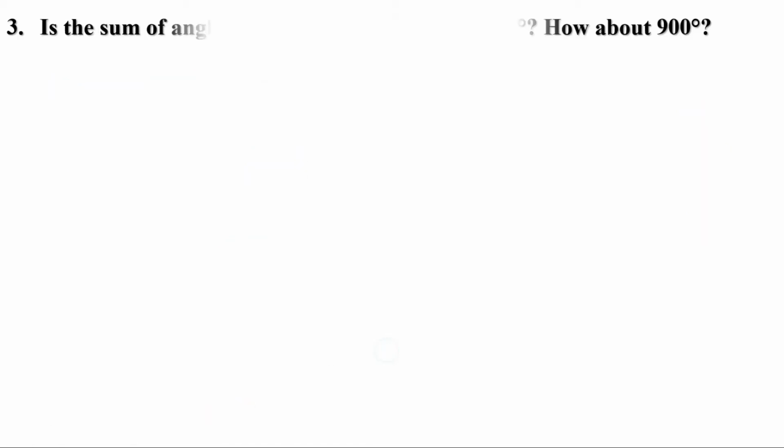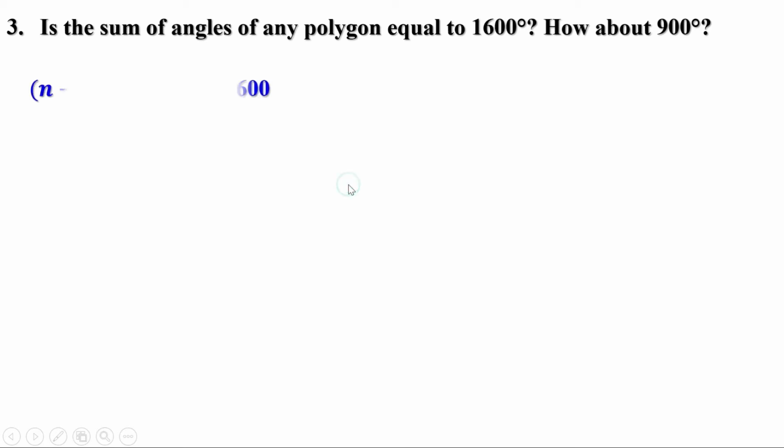Third question. Is the sum of angles of any polygon equal to 1600 degrees? How about 900 degrees? Suppose 1600 degrees is the sum of the angles of a polygon of n sides. We know the sum of the angles of a polygon of n sides is (n minus 2) into 180 degrees. Here the sum of the angles is 1600 degrees. So we can write (n minus 2) into 180 degrees equals 1600 degrees.